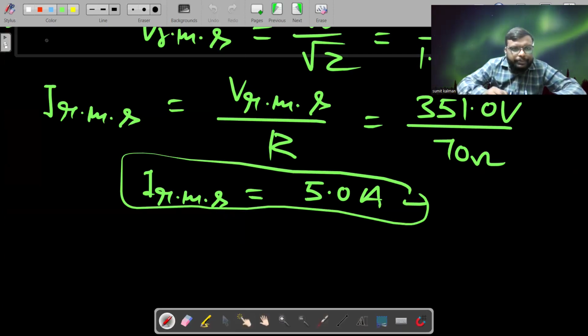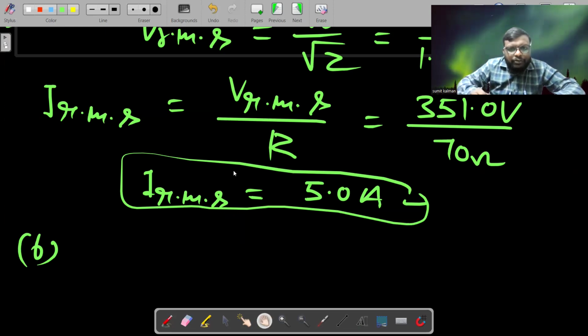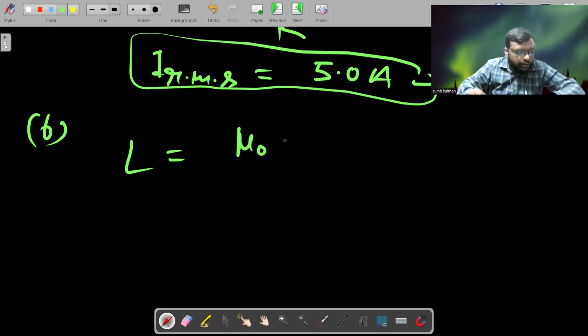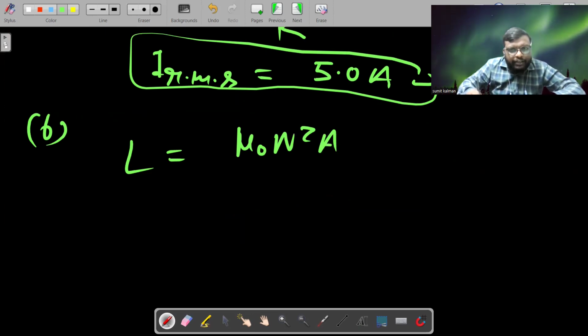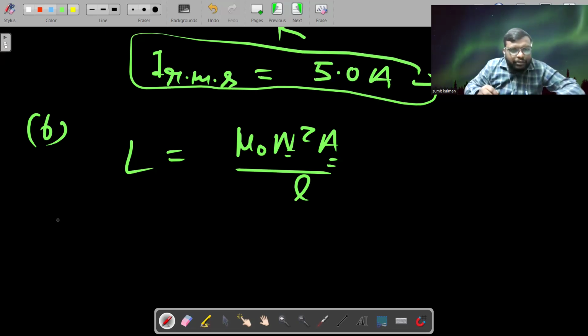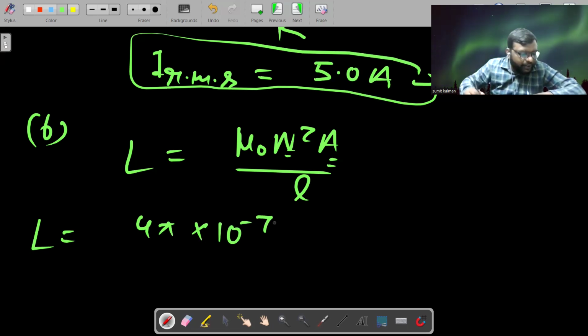B part. So students, as we all know, self-inductance of a solenoid, that is L, is given by mu naught n square A upon l, where n is number of turns, A is area, and mu naught is magnetic permeability. So students, we will substitute all the values. Mu naught is 4 pi into 10 to power minus 7 Henry per meter.